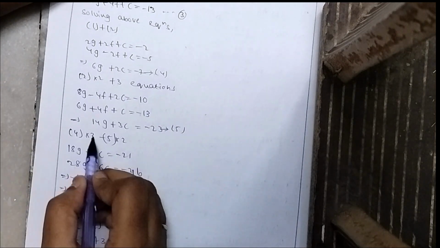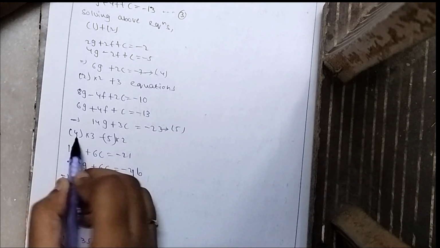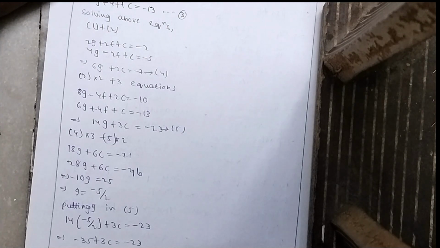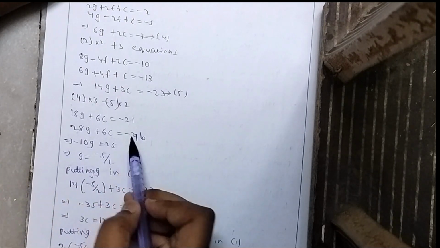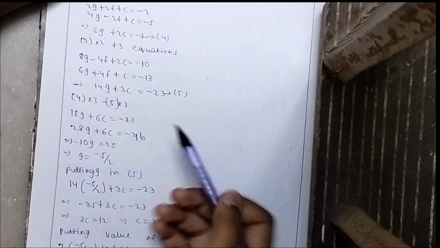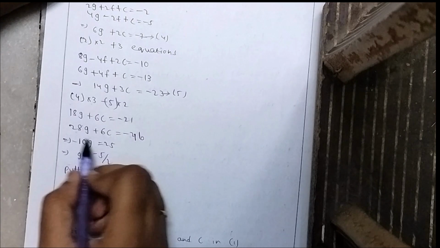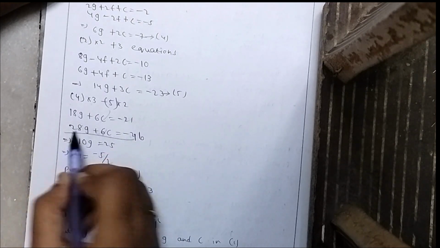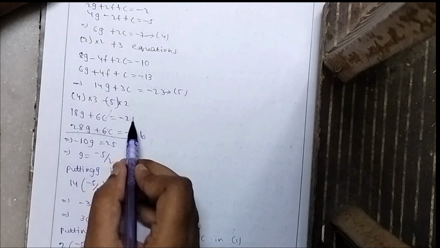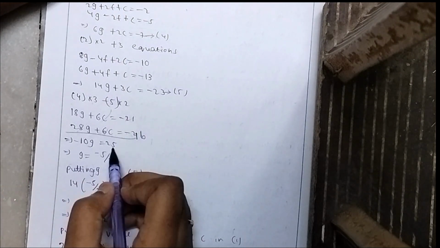Now multiplying the fourth equation with 3 and the fifth equation with 2, we get these two equations. Doing this, the terms cancel, so 18 - 28, -10g equals -21 minus of -46, that equals 25.